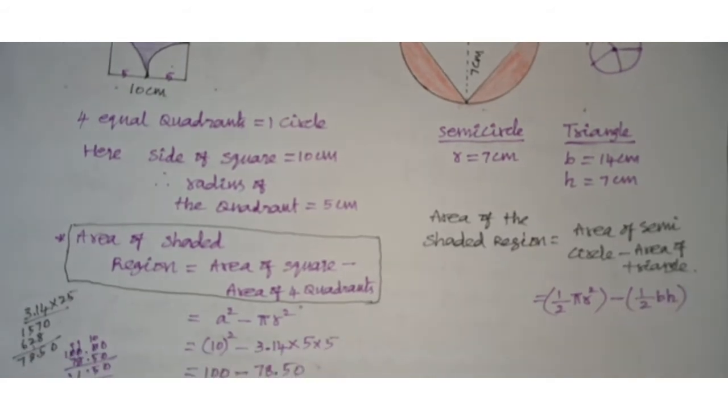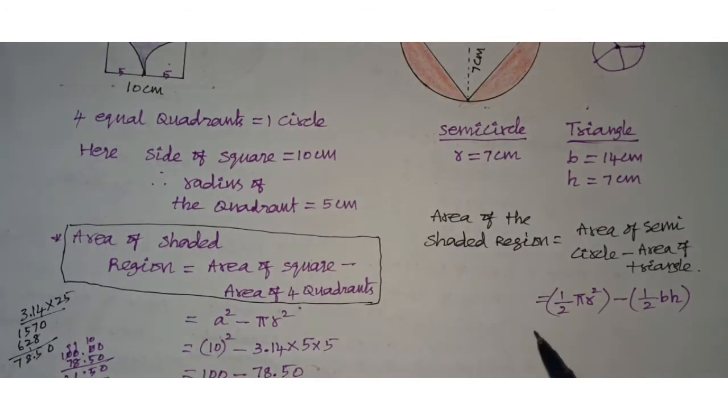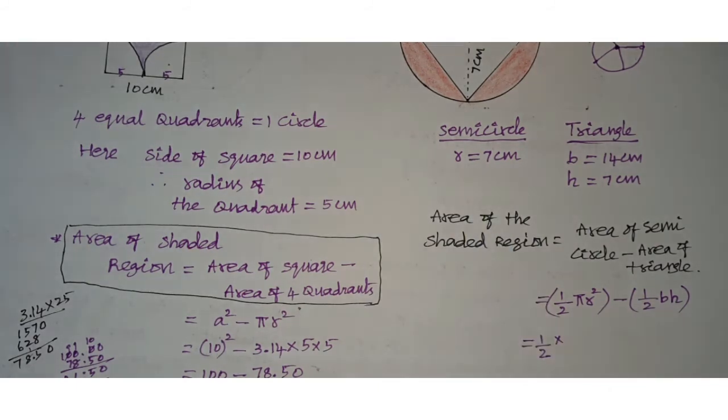Now substitute the given values. First 1 by 2 pi. But here the given radius is 7 centimeter, so we can use 22 by 7 into radius 7 into 7. Because 7 we can cancel, so only we use 22 by 7.